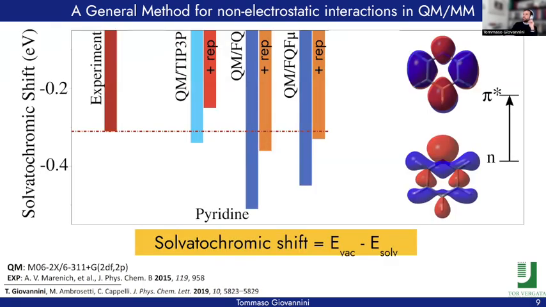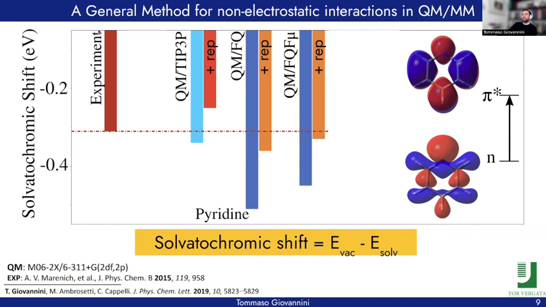For instance, this is an example of the agreement that you can get with experiments. This is pyridine, again in aqueous solution, and we are studying the n-pi-star transition, moving from the gas phase to water solution. Of course, we run the molecular dynamics, we extract the snapshots, we calculate the absorption spectrum, and we calculate the energy of this transition.